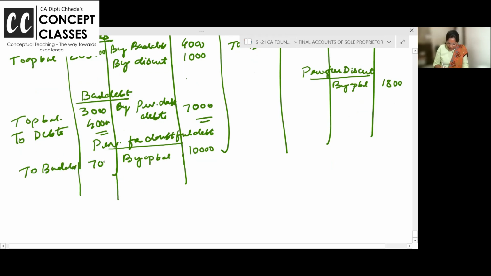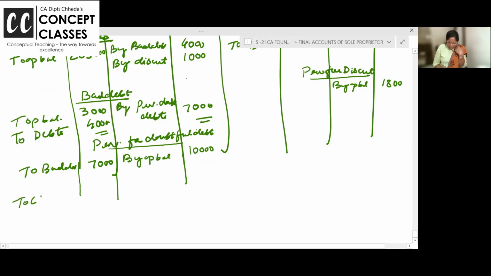I hope you all are getting what I am doing. Generally you transfer bad debt to P&L account, but if provision for doubtful debts is there, transfer there.